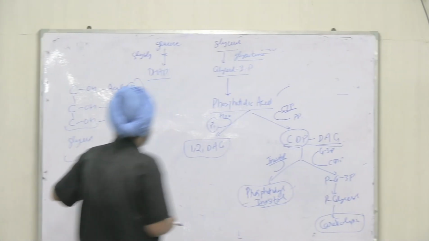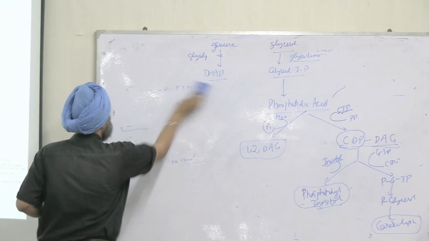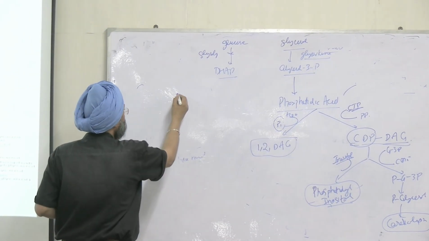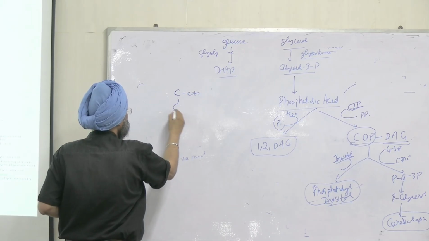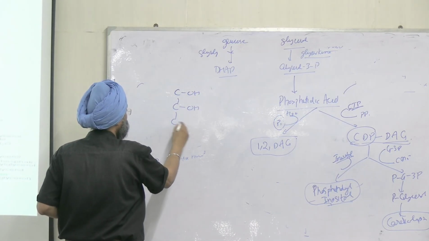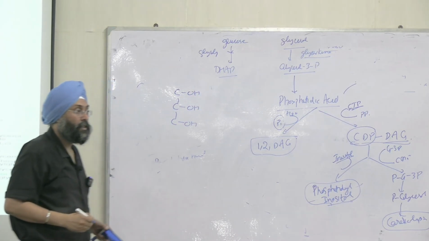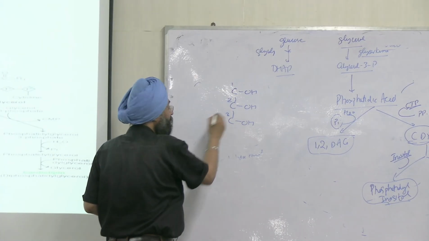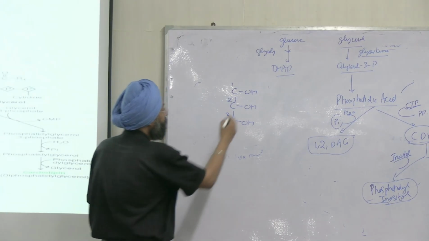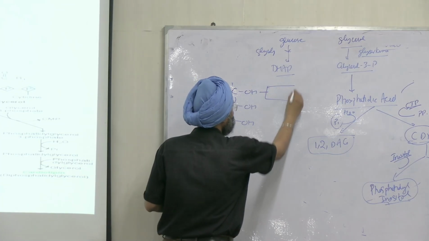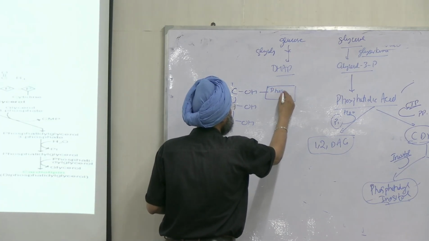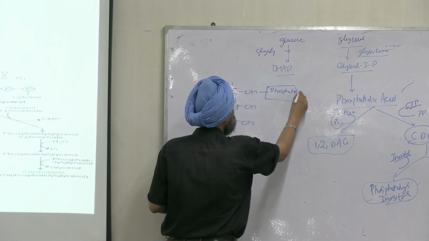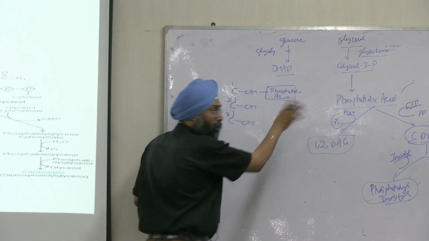How? See, what was this molecule? 3 O's are there, it is our glycerol. This is carbon 1, this is carbon 2, this is carbon 3. On carbon 1 we are attaching 1 phosphatidic acid, a complete molecule.